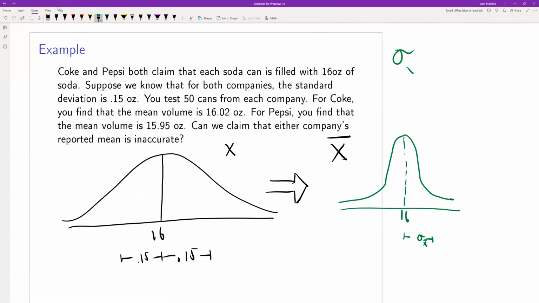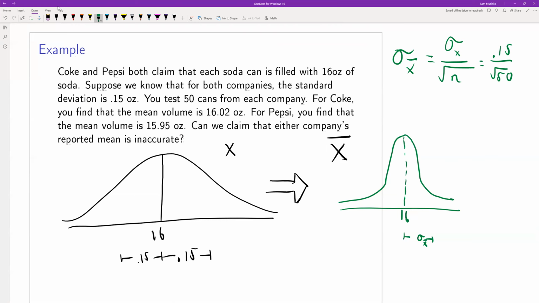We can calculate what we expect that standard deviation to be. It's the original standard deviation divided by the square root of n. In this case, that's 0.15 divided by square root of 50. The square root of 50 we know is about 7 because 50 is one more than 49.